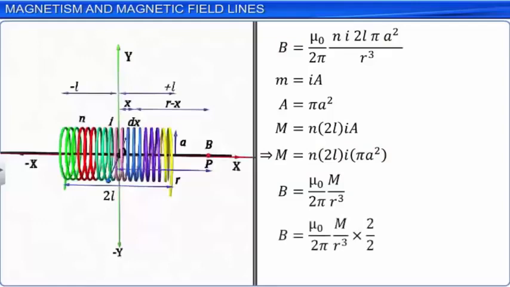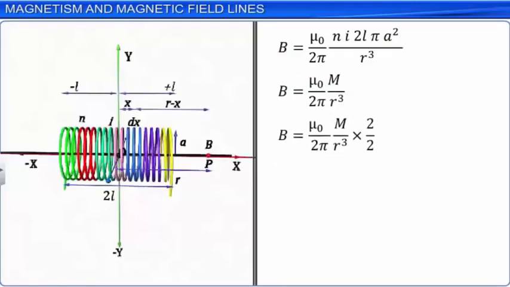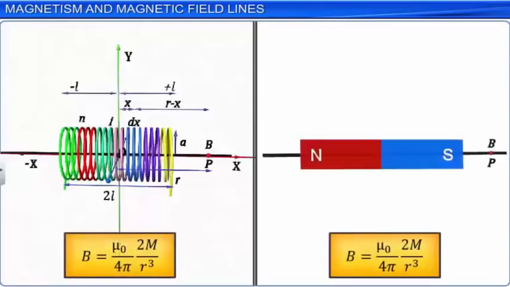This is the same expression that is used to find the magnetic induction at a distant point from the center of a bar magnet on its axial line. Thus, a current-carrying solenoid and a bar magnet produce similar magnetic fields. Therefore, a solenoid is equivalent to a bar magnet, and their magnetic moments are also equal, if the magnitude of the induction they produce at given distant points from their centers on their axial lines is equal.